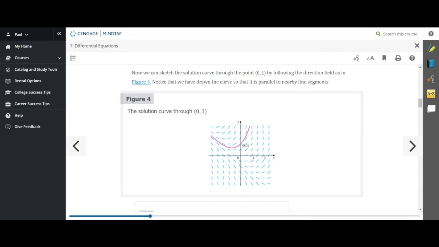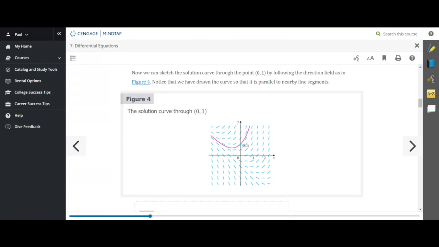See, with direction fields, if you look at certain parts of the direction field, you'll see interesting behavior. And usually that behavior can be explained, just like I explained here. So what I'm saying is in figure 4, this is the complete direction field for y prime equals x plus y.